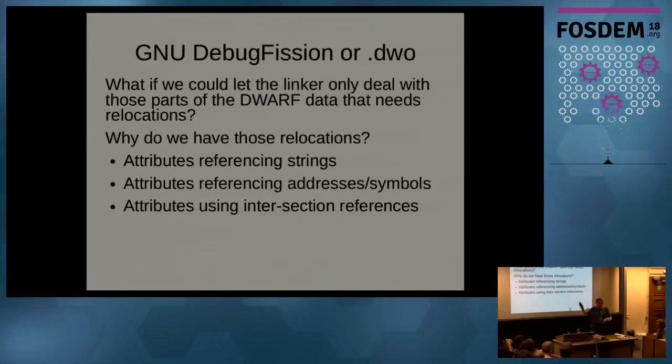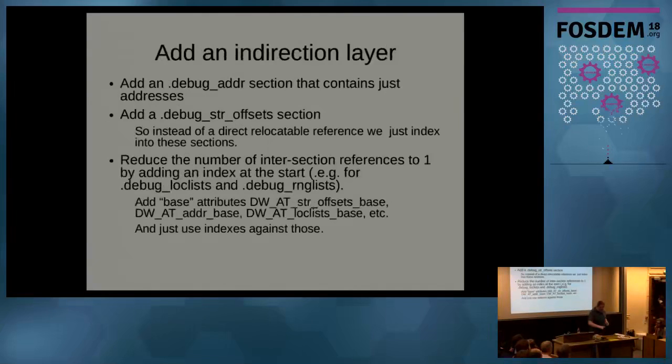And of course, for the address symbols, you need relocations, and you use relocations for the inter-section references. What if we could do something about that? And as always, the answer is you add a layer of indirection, of course.